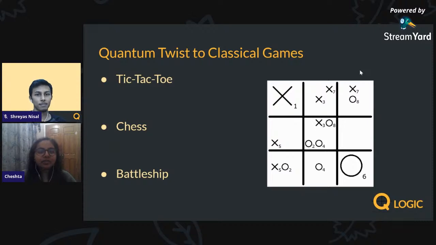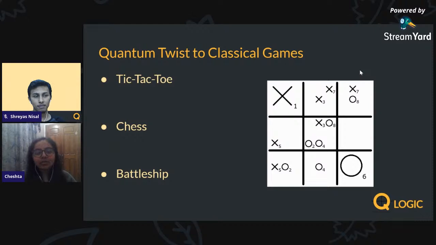And even if you haven't, spoiler alert, the superposition and the property of entanglement is kind of the protagonist in most of these games. So let's say, for example, quantum tic-tac-toe. What you do is that you're allowed to make a mark, let's say a cross or a zero, on two blocks simultaneously. So your mark exists in two places at the same time.